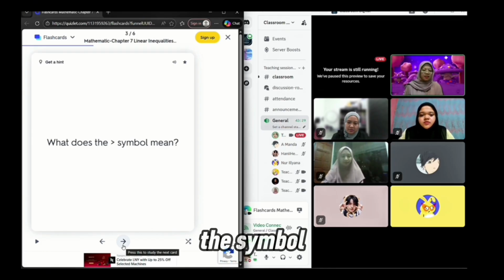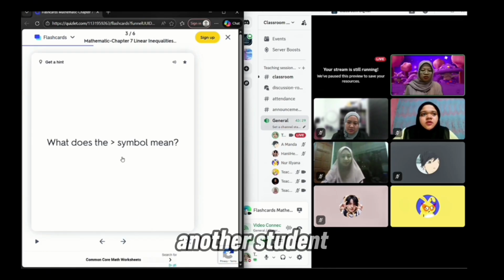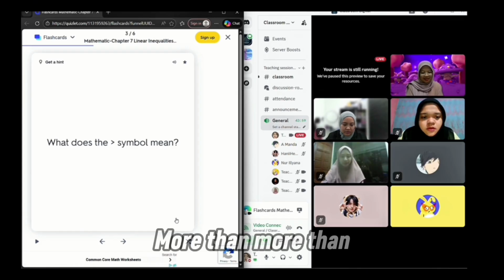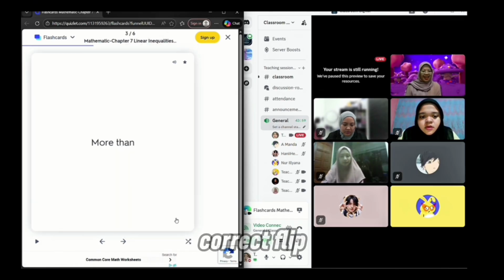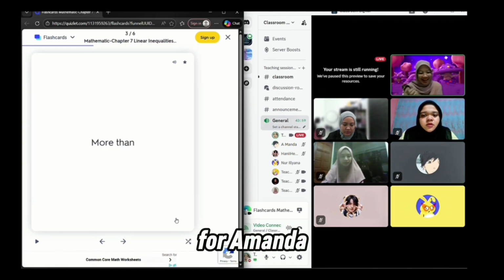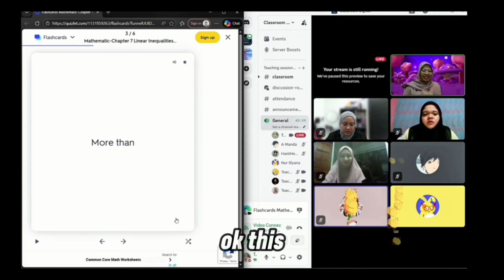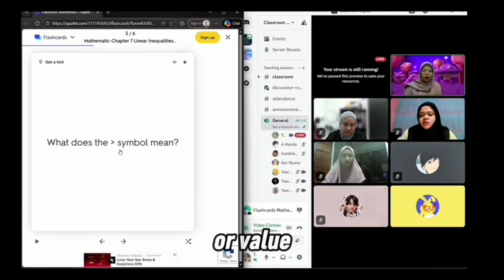What does the symbol mean? I want another student, please. Me. Okay, go. More than. Correct. Clap your hands for Amanda. This means the number or value before the symbol is bigger than the value after the symbol.